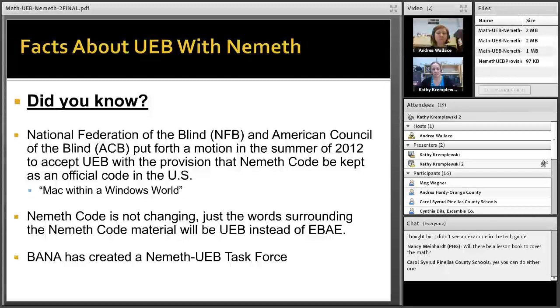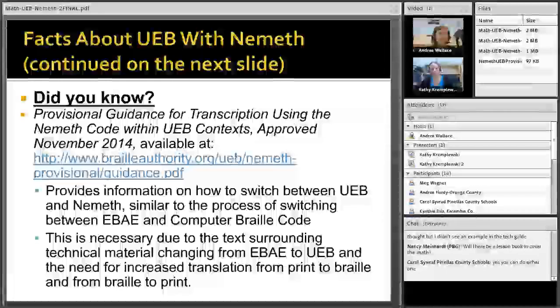Our purpose is just to let you know where it came from. The Nemeth Code is not changing, just the words surrounding the Nemeth material will be changing to UEB from EBAE. And then BANA did create a Nemeth UEB task force when this started going through to try and handle all these issues that come up and put out the provisional guidelines and all that kind of stuff.